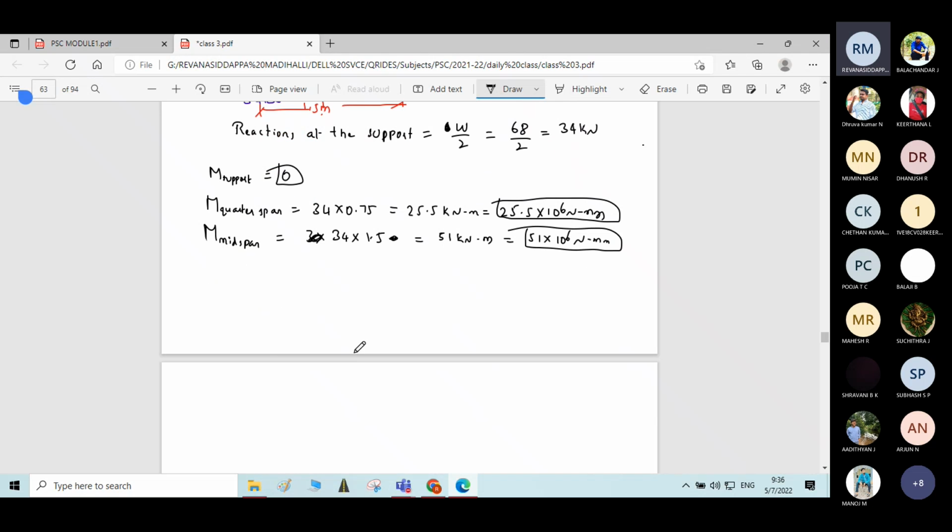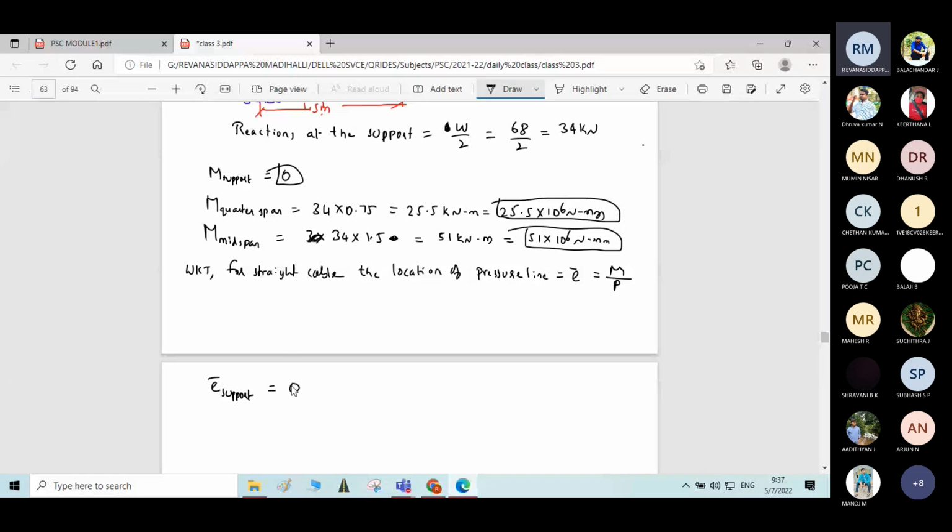Now you can find the location of the pressure line. We know that for a straight cable, the location of the pressure line, e bar, is equal to M by P. Therefore, the location of the pressure line at support is equal to the moment at support divided by the prestressing force.